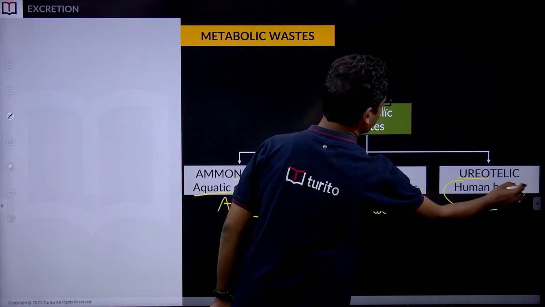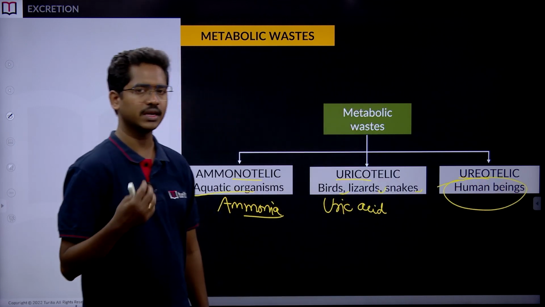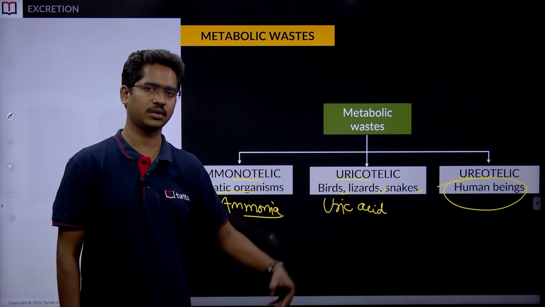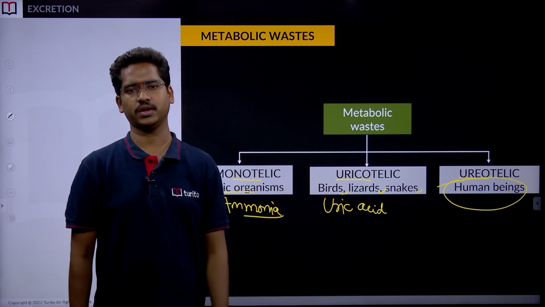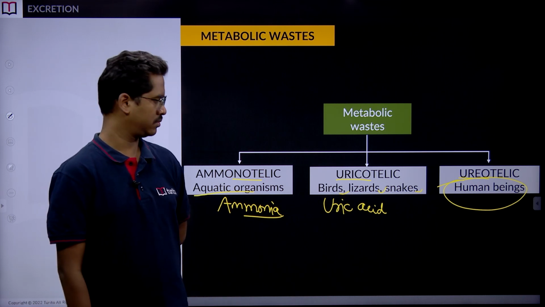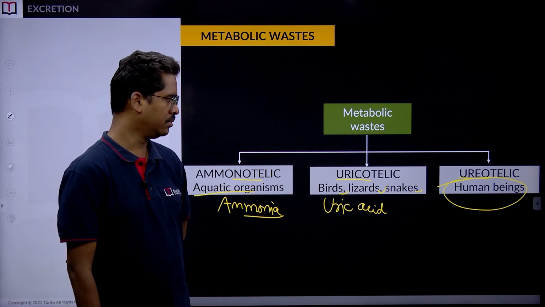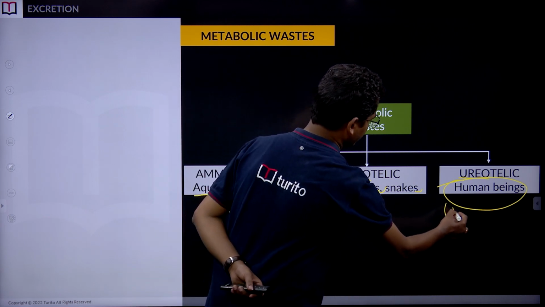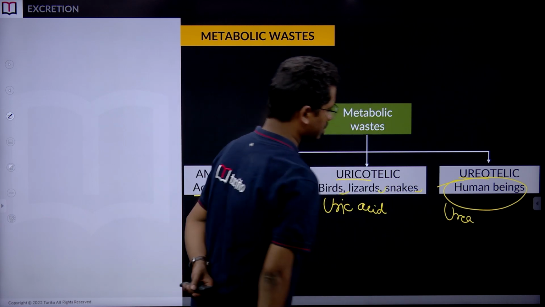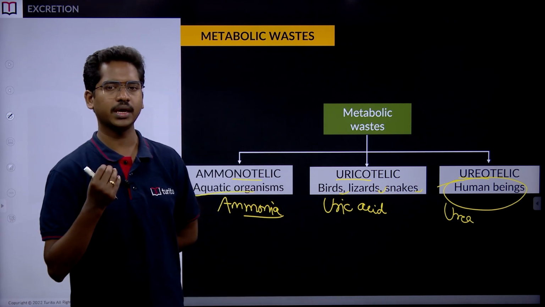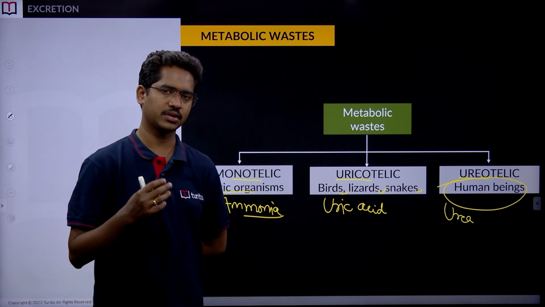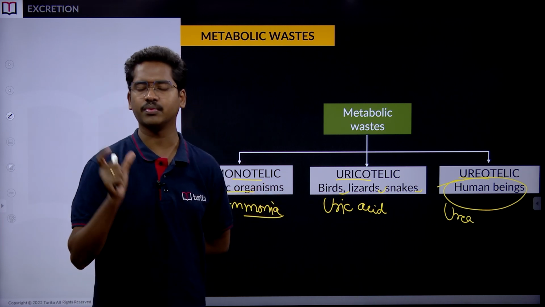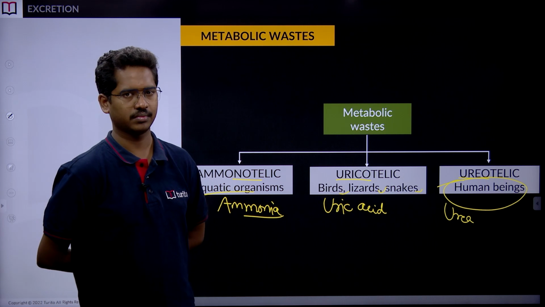So, what kind of waste do we release, based on the types of metabolic waste given here, ureotelic waste? Urea would be the main waste component that is released out of our body. So, this is in short about the different types of metabolic wastes.